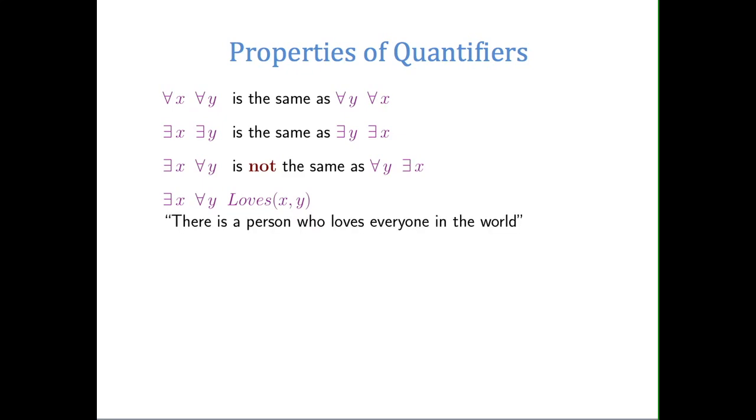It means that there exists some x such that they love all possible y's. In other words, there is some person in the world who loves everyone in the world. Let's try the quantifiers in the other order. For all y, there exists an x such that loves(x, y).